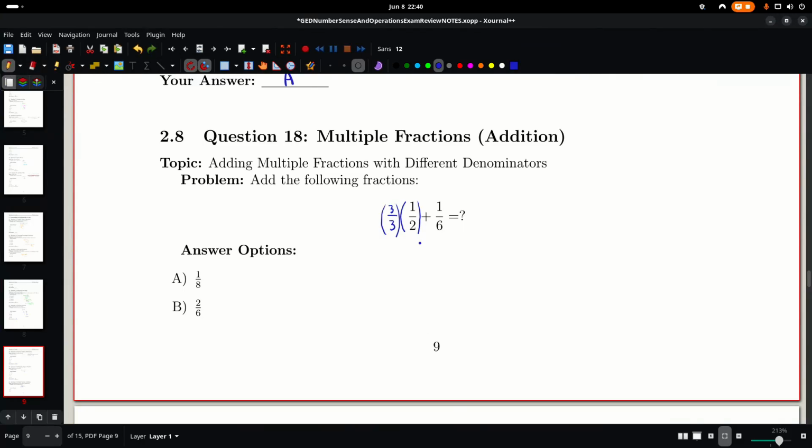So 3 times 1 is 3, so we have 3 over 6, and then we still have to add our 1 over 6, which gives us 4 over 6, which we need to reduce to 2 over 3, because we can divide both the 4 and the 6 by 2.